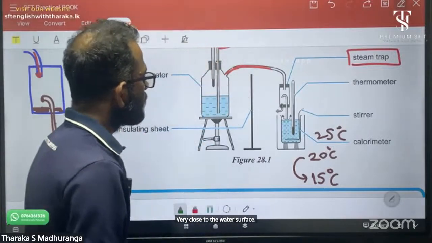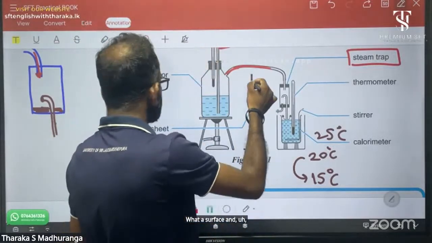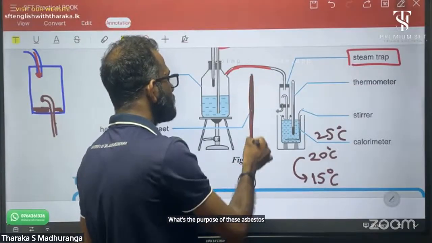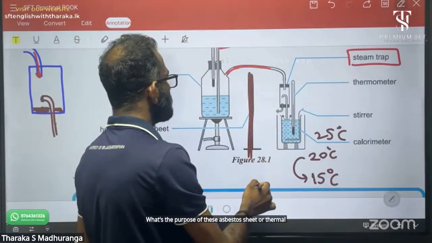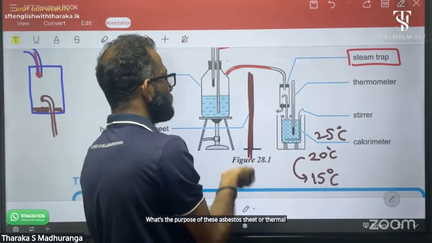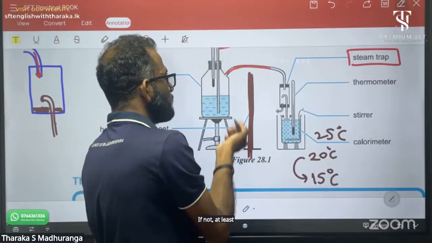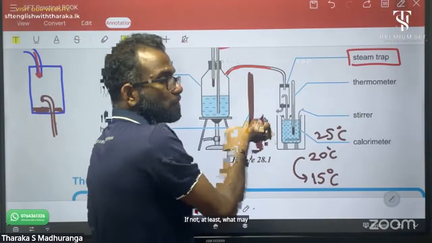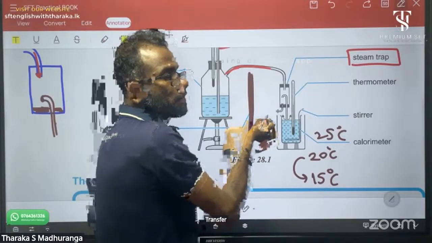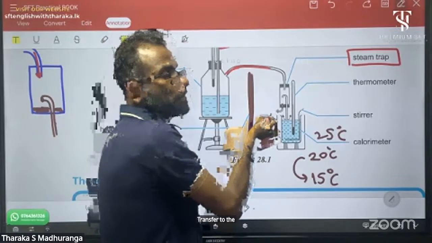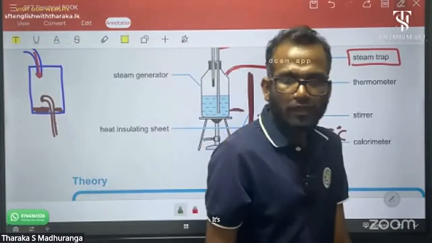And what's the purpose of this asbestos sheet or thermal insulated sheet? If not, the steam generator heat may transfer to the calorimeter, and it causes measurement errors, temperature errors, temperature changes.